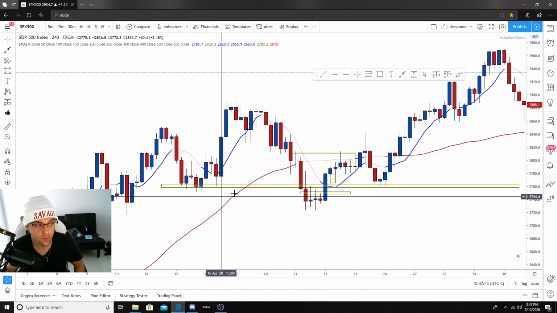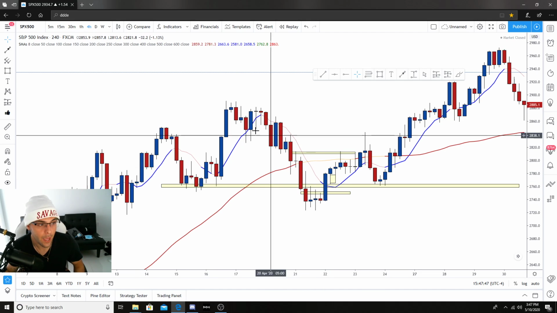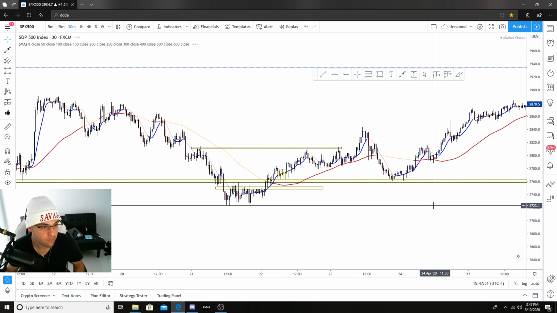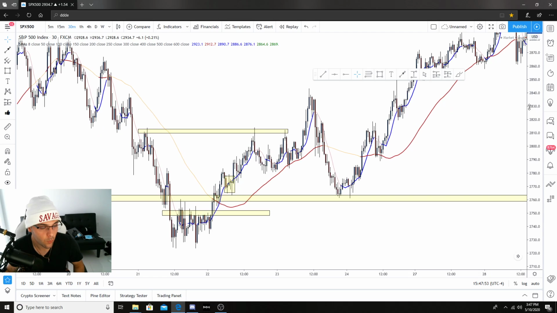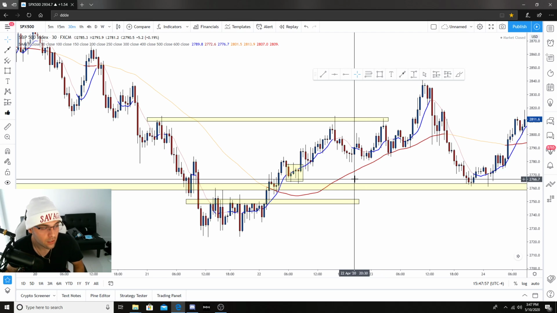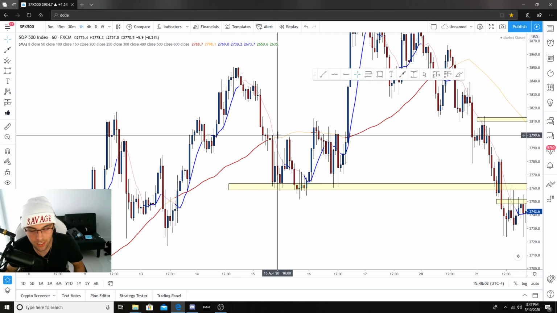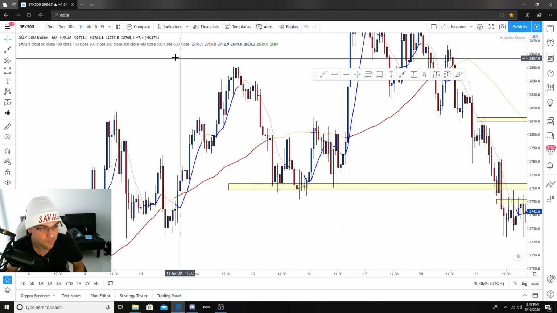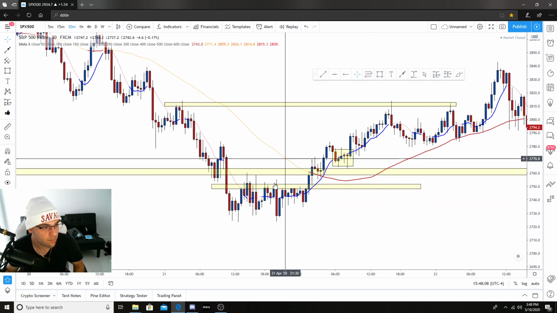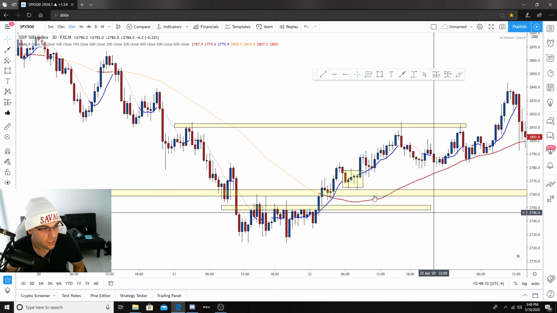We had this level of support on the 4-hour, and going back to the 30-minute, it was a break and a retest. So we have a break and a retest now on 2 time frames, the 4-hour, the 1-hour, and the 30-minute, because the 1-hour is going to be in confluence with the same exact thing as the 4-hour, as you guys can see. Anyways, looking at the 30-minute, boom, it was a break and it was a retest right here.